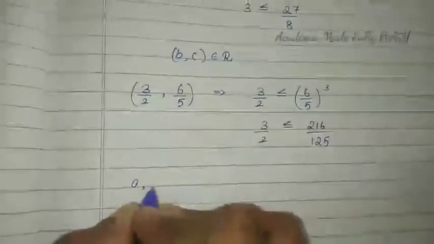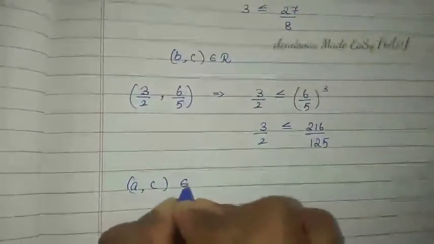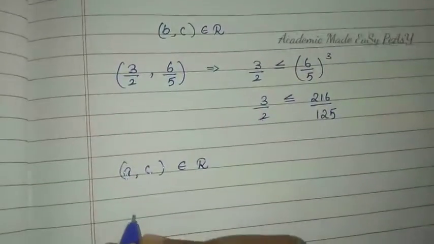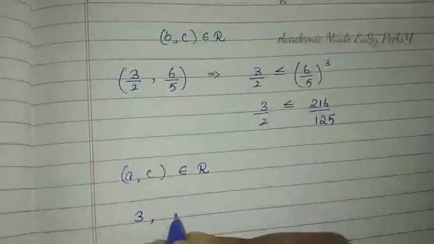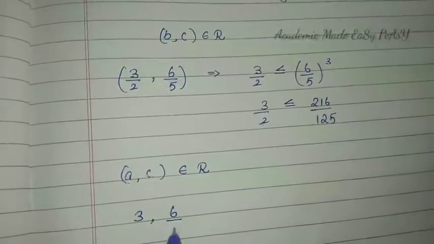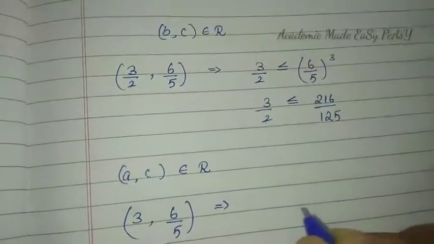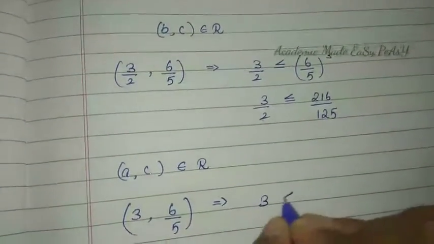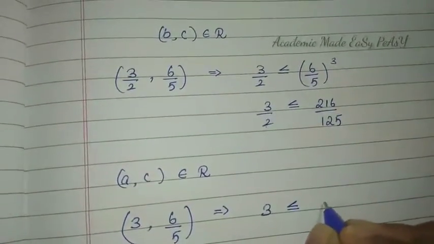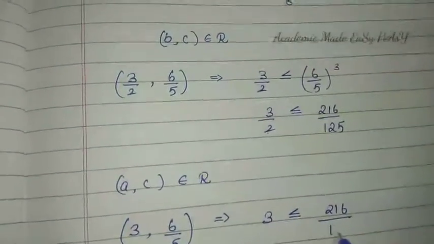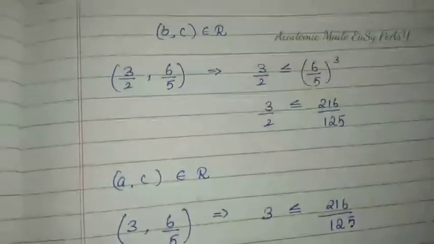I'm taking a comma c. I'm going to check whether a comma c is belonging to R or not. So my a value is 3 and c value is 6 by 5. Okay, so when I apply it in the condition 3 less than or equal to, directly I am writing 216 by 125.